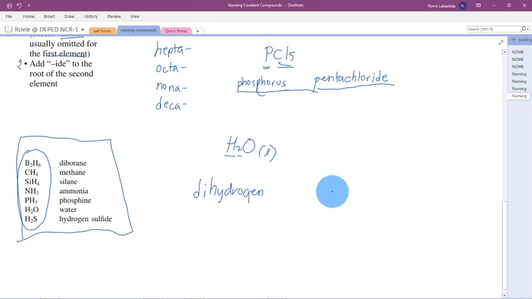Then add -ide to the root term of the second element, and indicate the number of atoms of the second element using the Greek prefixes as well. We only have one. So the name using the systematic way of naming is dihydrogen monoxide. However, it is okay to use the term water because that is already acceptable universally.